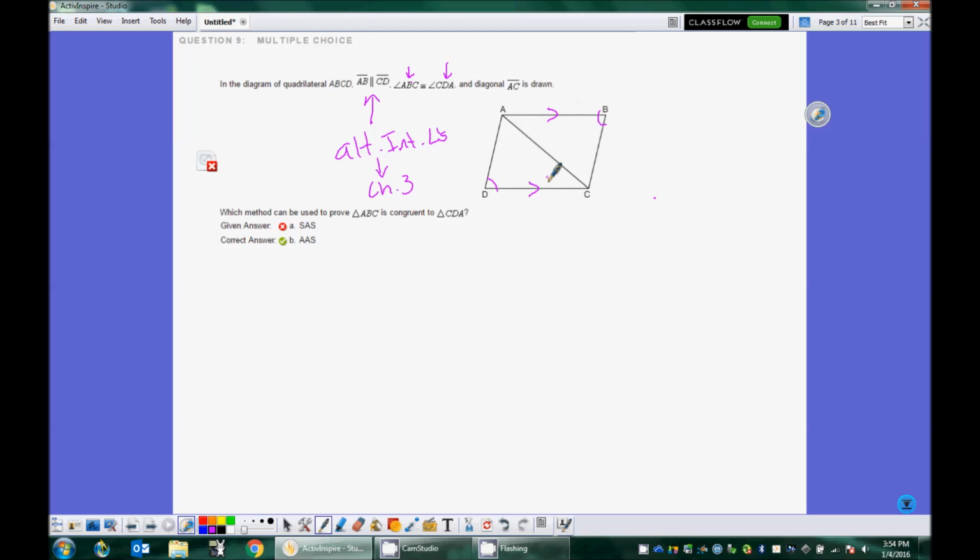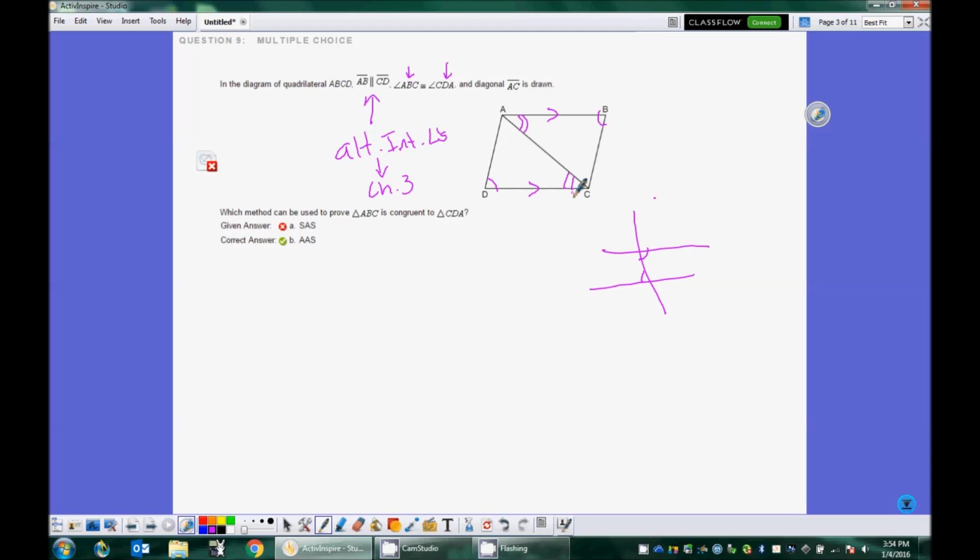So AB and DC are parallel, and I'm going to have a pair of alternate interior angles with AC as the transversal. So remember, when I've got parallel lines, alternate interior angles are going to be congruent.